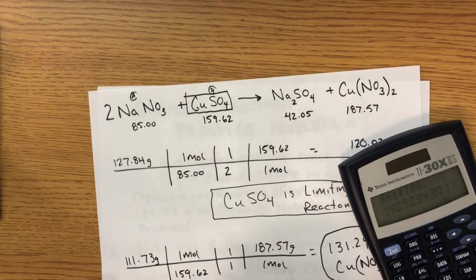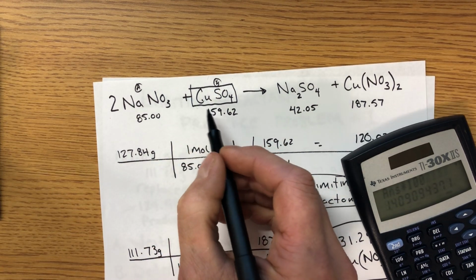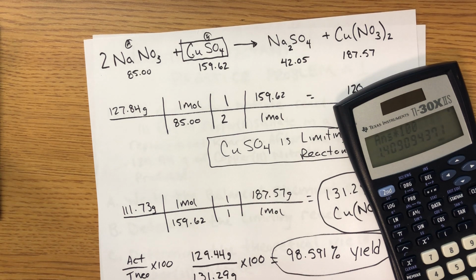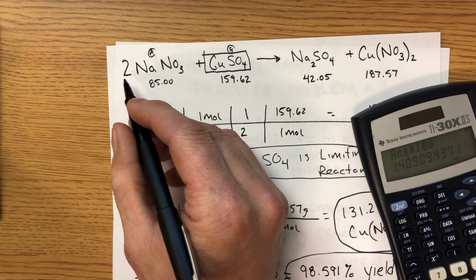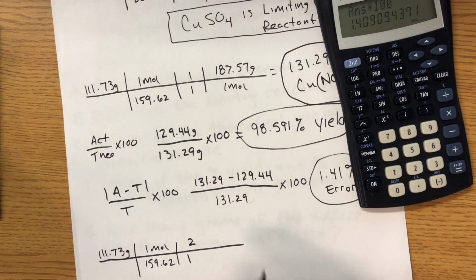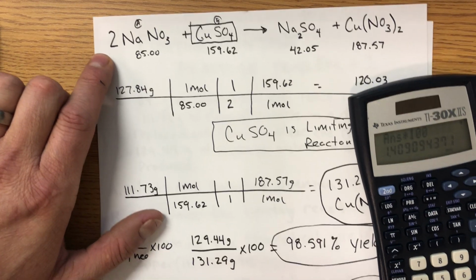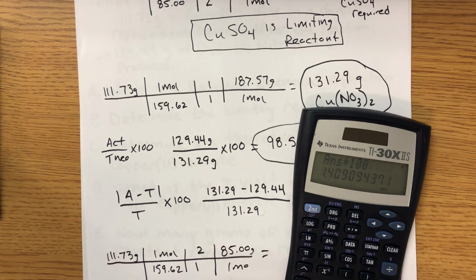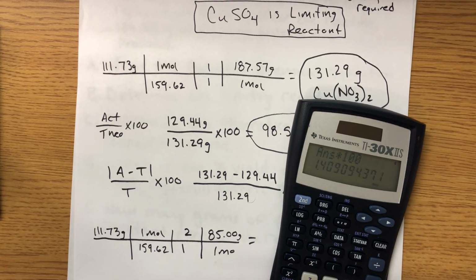Then the molar ratio between our two reactants: the limiting reactant is A, so its coefficient goes here, and 2 goes up here, for the sodium nitrate, that's chemical B. Then sodium nitrate's 85.00 grams per 1 mole goes here. Let's see how much sodium nitrate we actually use along with all of the copper sulfate.